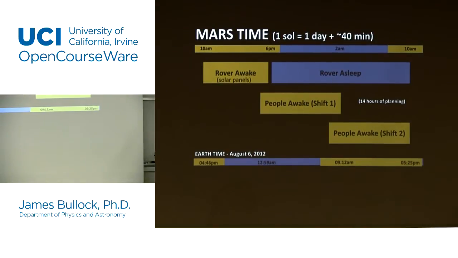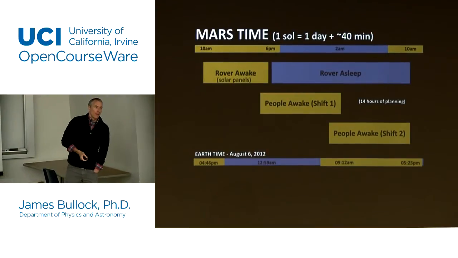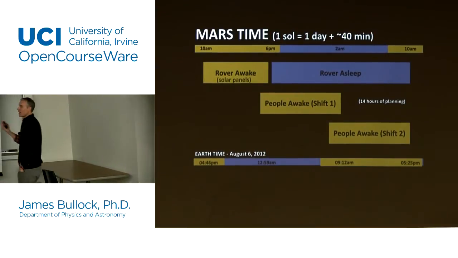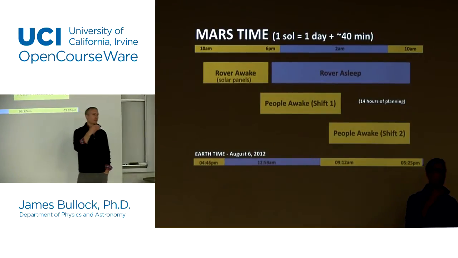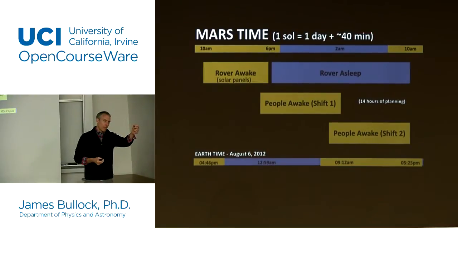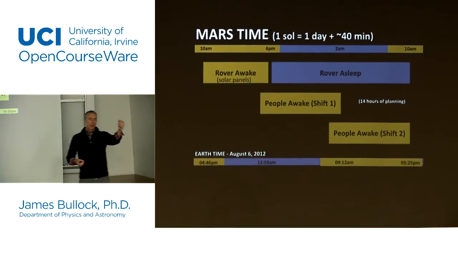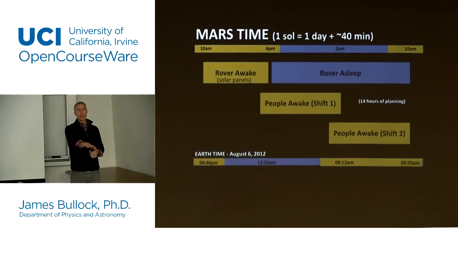Is there a lag between the time that we send a command to the rover and... Yeah, right. It's sort of the light delay time to get to Mars. And so you're talking about tens of minutes typically from when you send it to when it gets the signal. But it's basically like you program it and it does it.